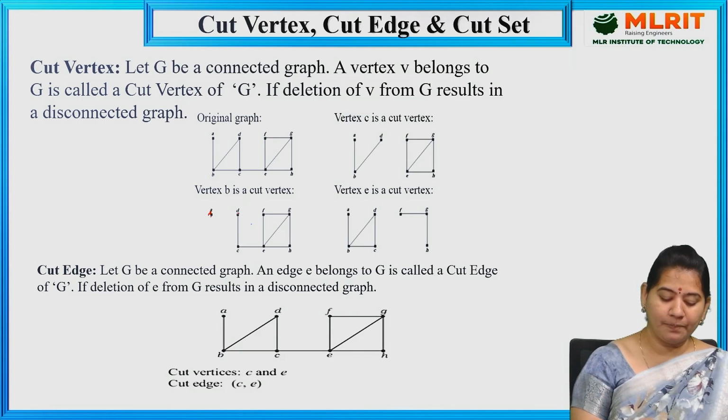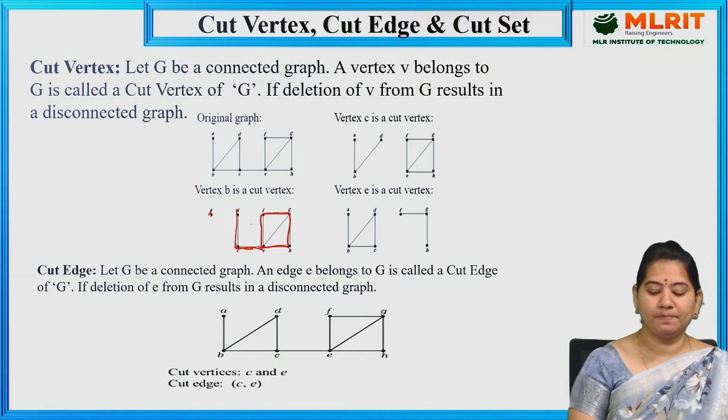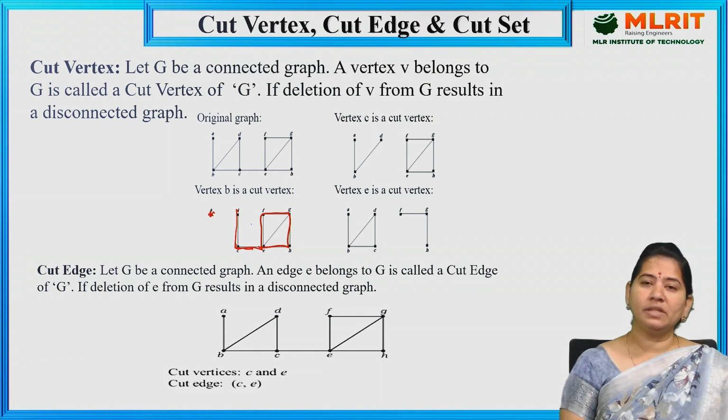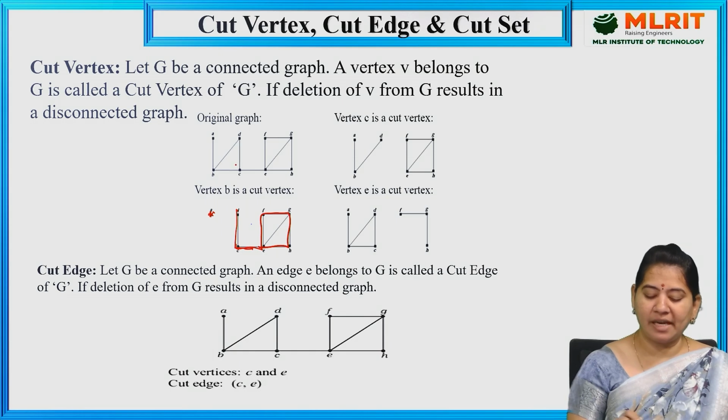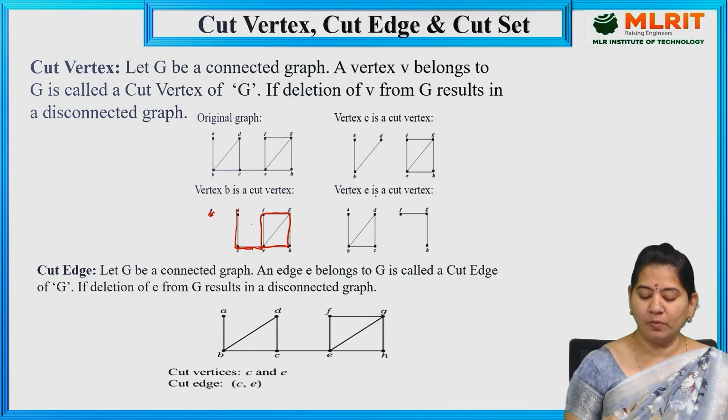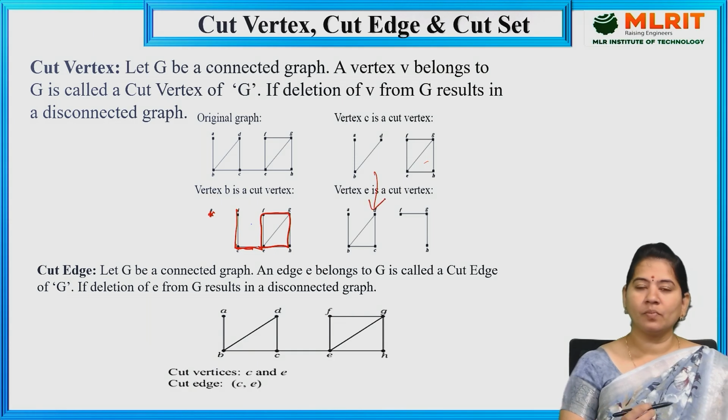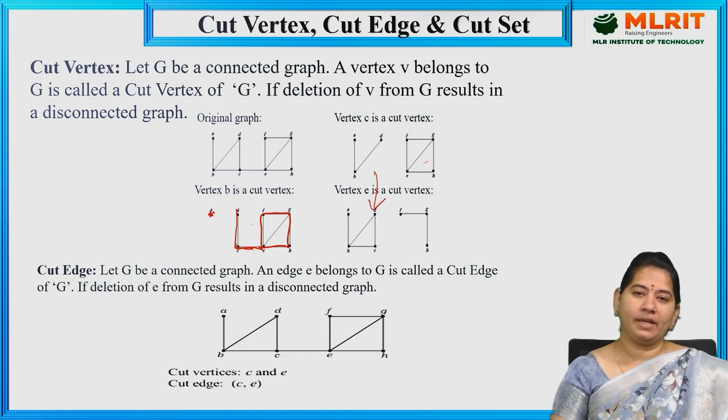Only A remains on its own, and then D to E, D to C, C to E, E to F, F to G, G to H, H to E. So this is also a disconnected graph. Even if you remove vertex E, just like C, similarly you will get the opposite of this. So this is called a cut vertex.